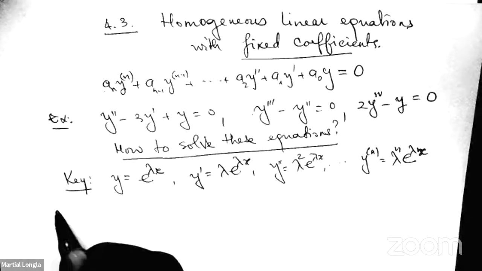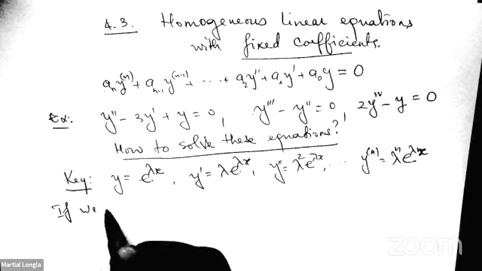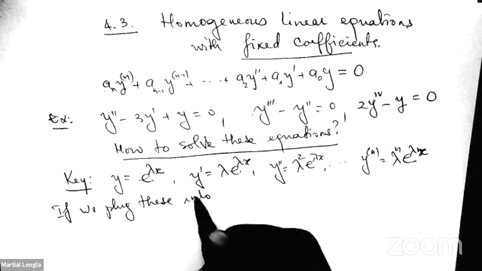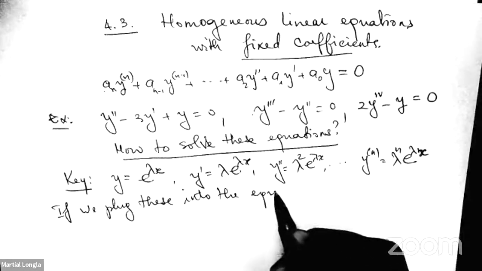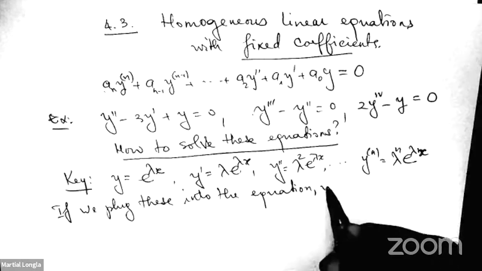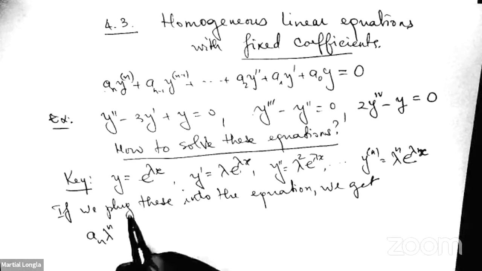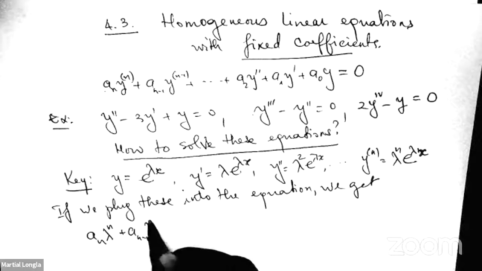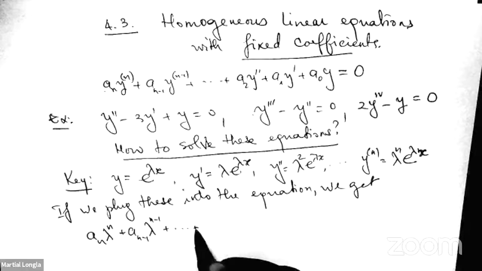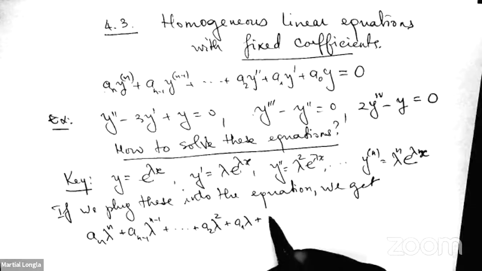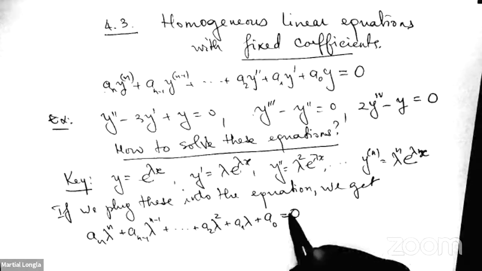So if we plug these into the equation, we get a_n lambda to the power n plus a_(n-1) lambda to the n minus 1, and so on, plus a2 lambda squared plus a1 lambda plus a0 equals 0.